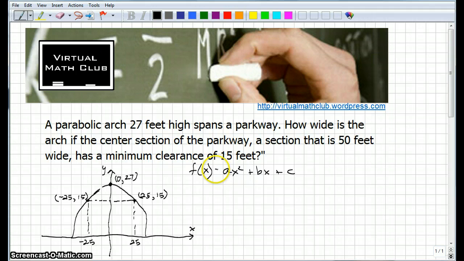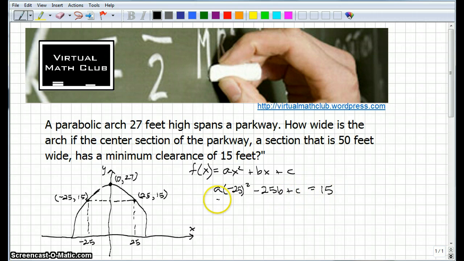If we substitute in these 3 points, we have an x value and a y value for each. Plugging in x equals negative 25, we get a times negative 25 squared minus 25b plus c equals 15.